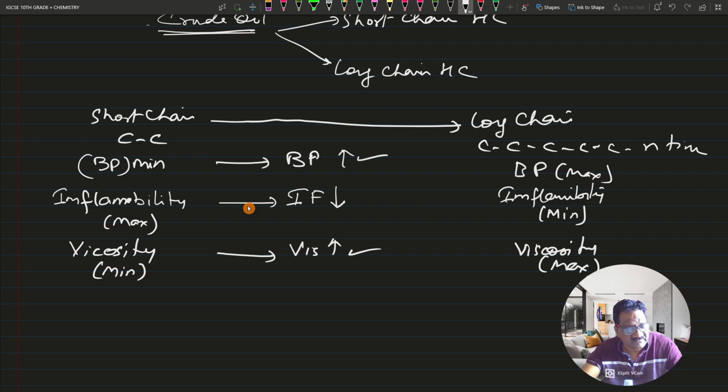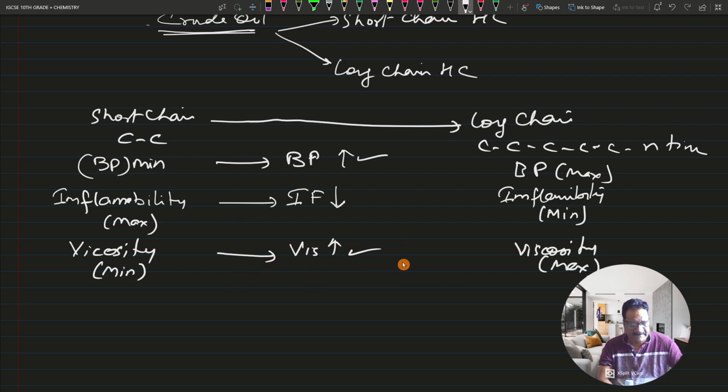There's one more. It's not coming to my mind immediately, but once I recollect, I'll let you know. So these are the properties of these hydrocarbons, which in this order will either increase or decrease as you go from shorter chain hydrocarbons to the longer chain hydrocarbons.